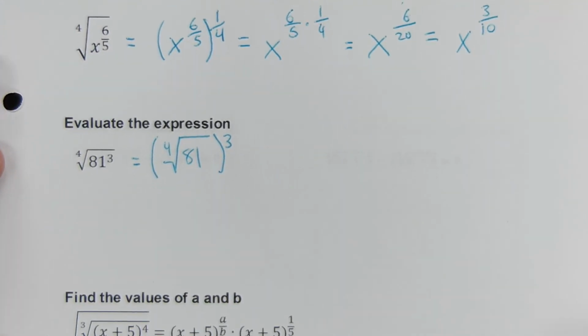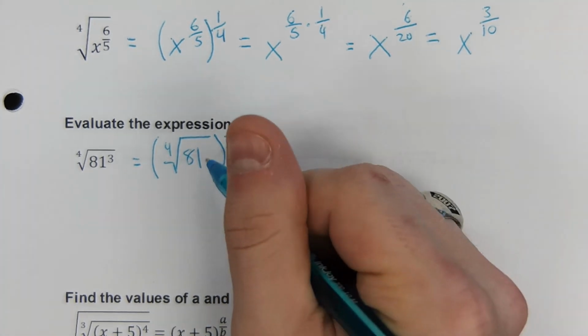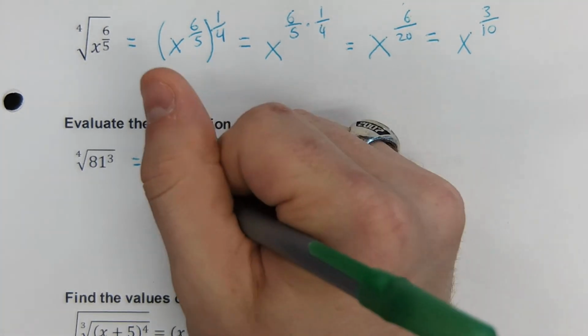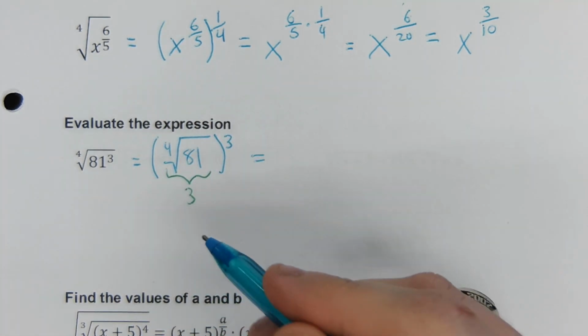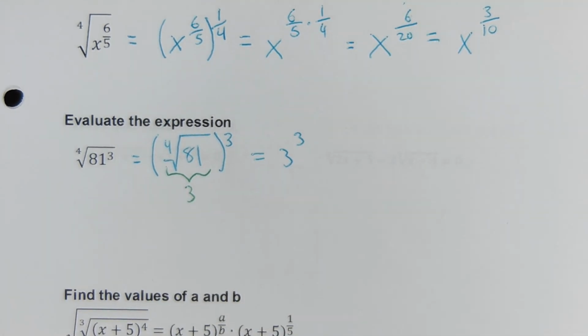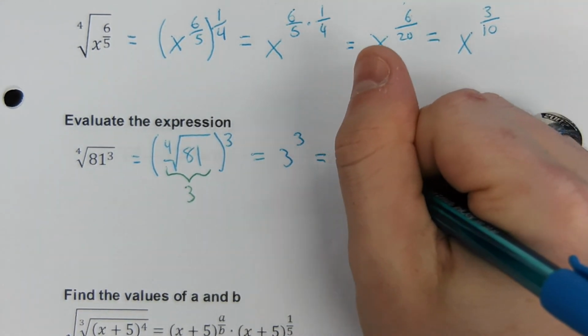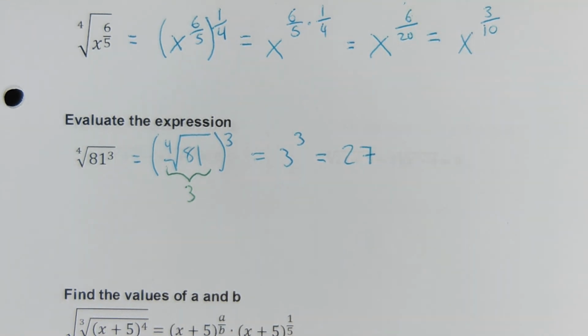Now I'm hoping that lots of people know what the fourth root of 81 is. It's one of the ones I asked you to memorize. It is 3. So this thing right here, this is all just a 3. So this question actually says, what is 3 to the third? 27. Wow. Neat, huh? I don't know what 81 to the third power is. No clue.